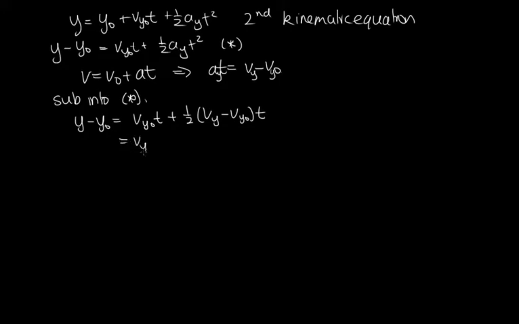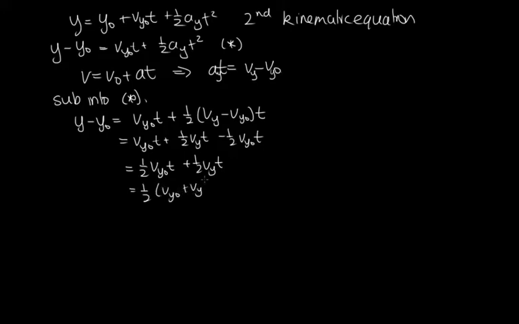So we've got vy naught t plus a half vyt minus a half vy naught t. You can see this will cancel out with that and leave a half vy naught t. So we've got a half vy naught t plus a half vyt, which is equal to a half vy naught plus vy times t. And that is y minus y naught. We haven't changed this side at all.